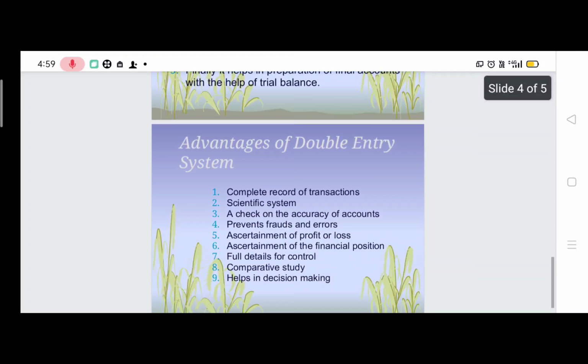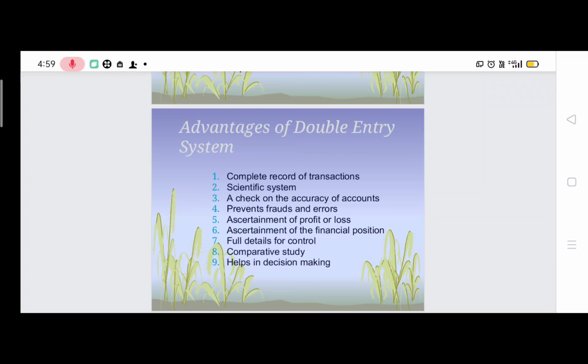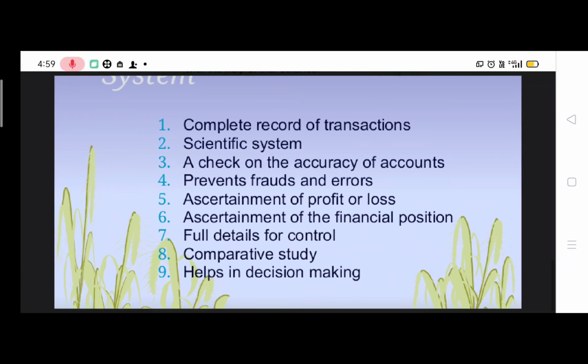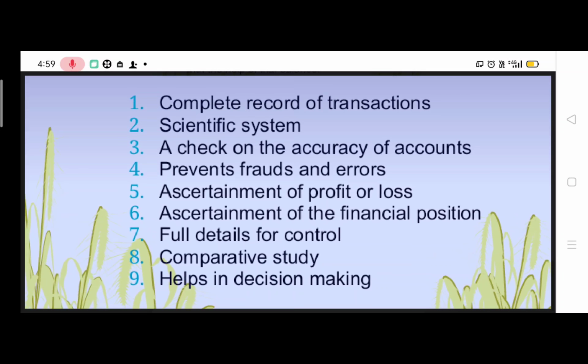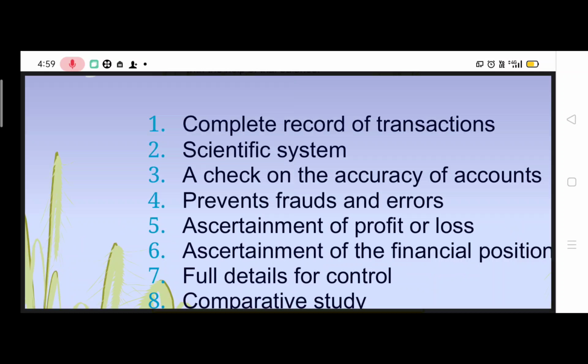Then we have the advantages of the double entry system. A complete record of transactions is made because we are entering each and everything happening in the organization. So we have a full record. Then it is procedural. The system which we follow in the double entry system is scientific. Then the accuracy of accounts is checked, like I have just told you.